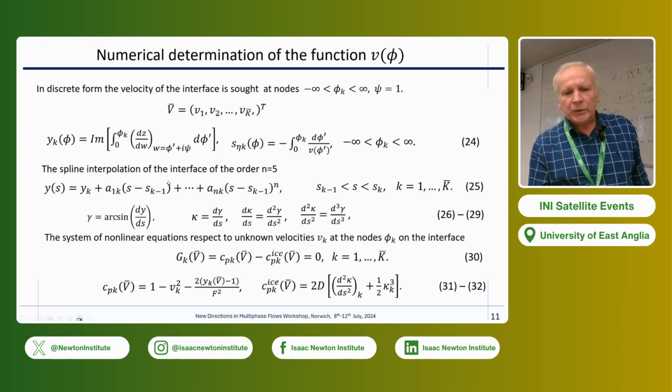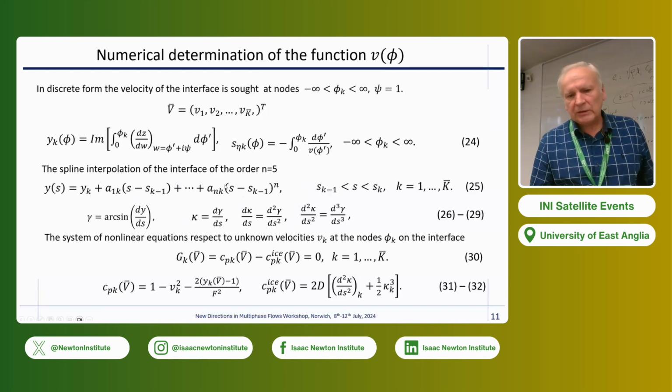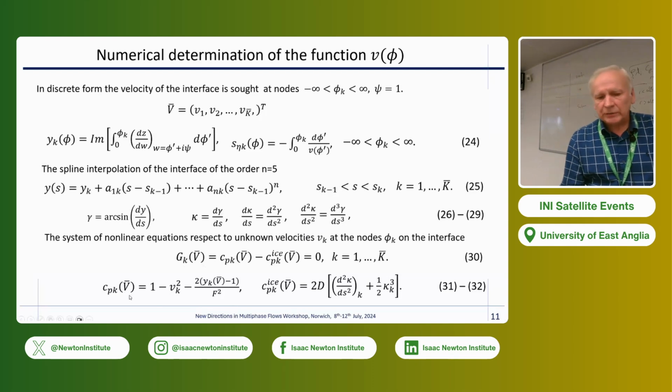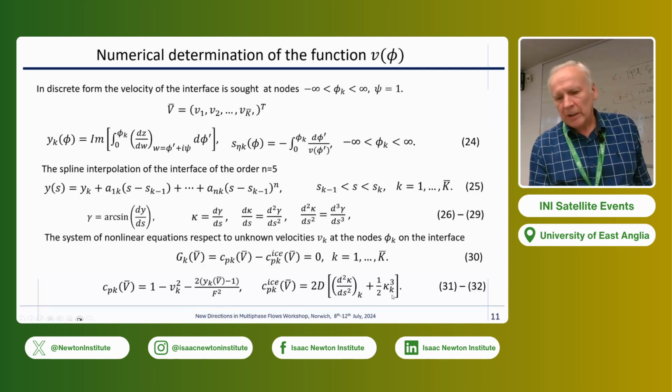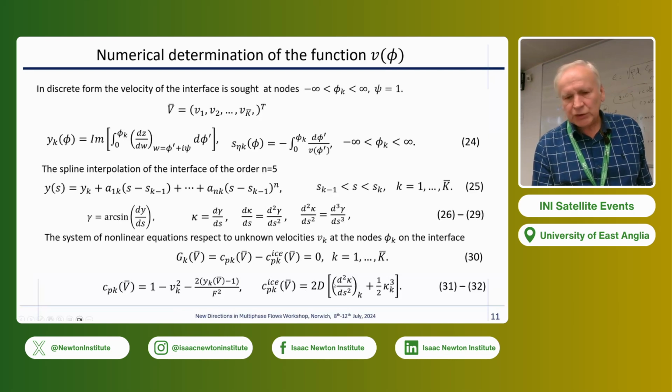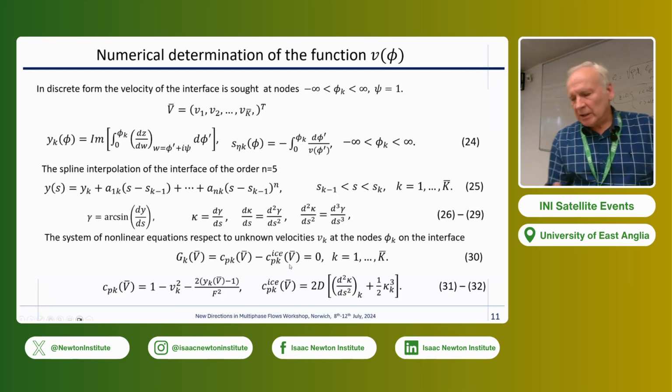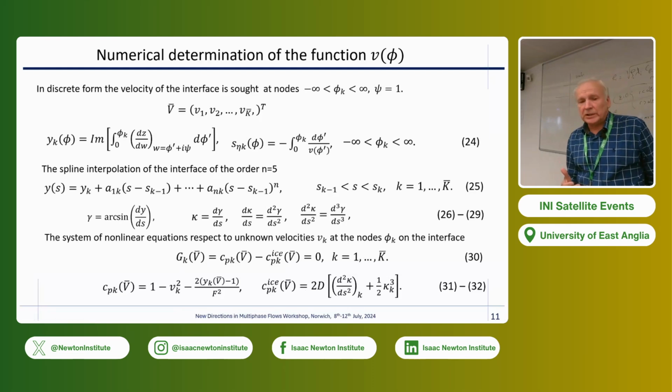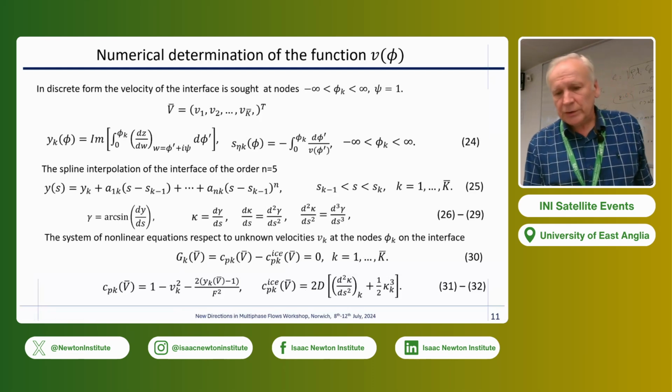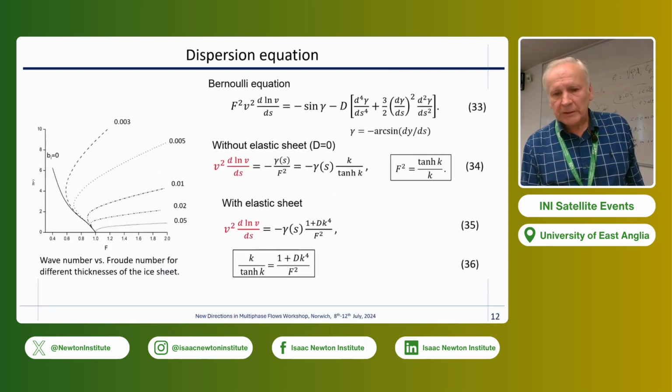Instead of that, we use a spline approximation of the interface at some intervals, and then calculate curvature and its derivative, and we can evaluate pressure coefficient from the liquid part and pressure coefficient from the elastic sheet, so they should be the same. So we can obtain a system of nonlinear equations which is solved using the collocation method.